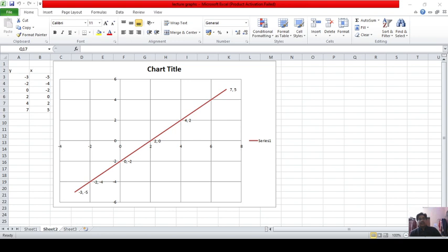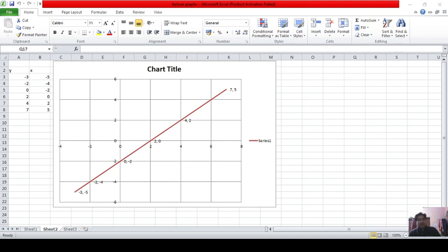So the question today is how to plot the simplest graph. And the question given here, which I have not written, so I'm sorry once again, is y is equal to x plus 2. If you want to plot a graph of a straight line, you will have to first get some points to plot.